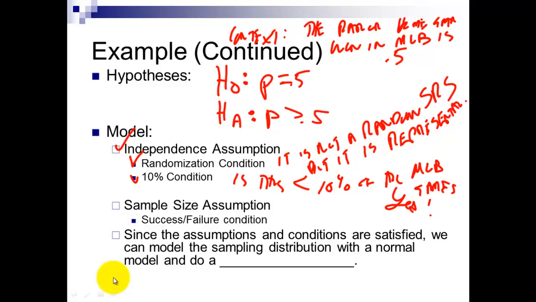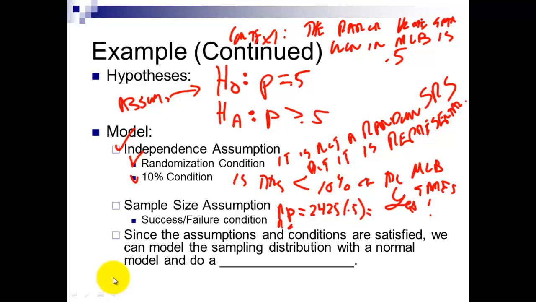Now, notice what you use on the success-failure condition. When we did confidence intervals, all we had was p hat and q hat. Now, you're assuming the null hypothesis is true, so we can use 0.5. So how many games were there, folks? Get back in your notes. 2425. 2425 times 0.5, and what do you get?